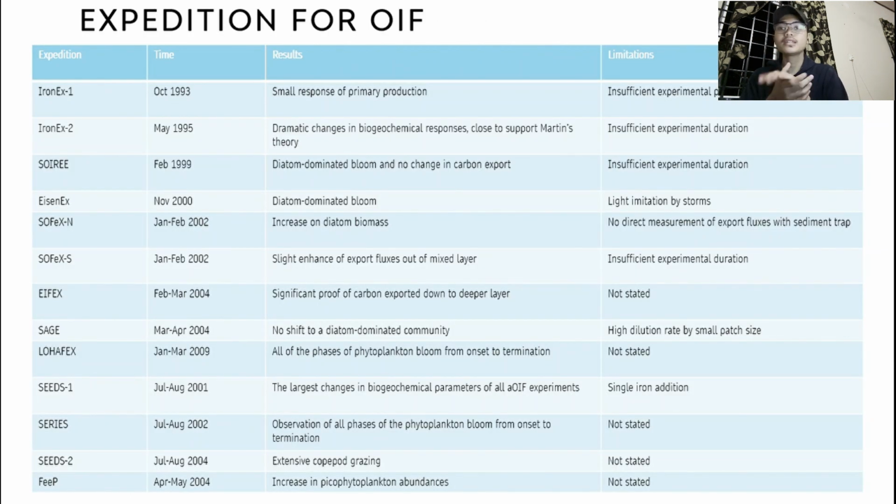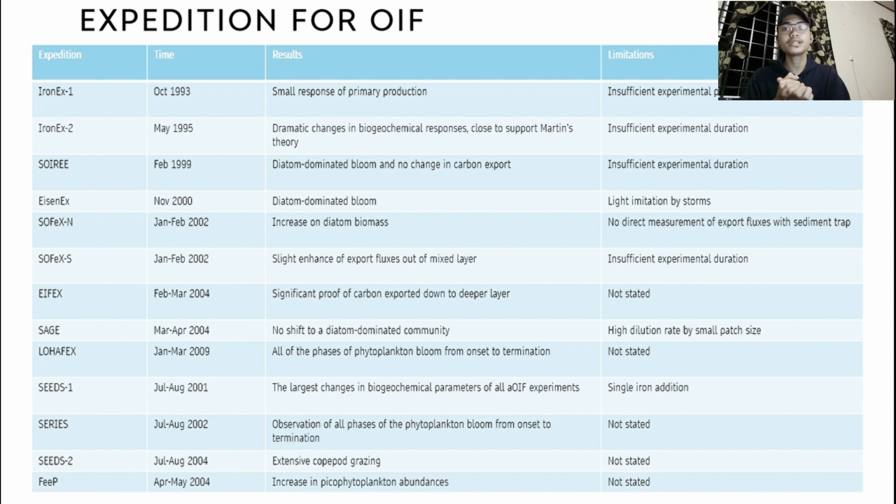Okay, so these are the simplified expeditions for ocean iron fertilization. As you can see, the first one started in October 1993, and the last one recorded is from January until March 2009.